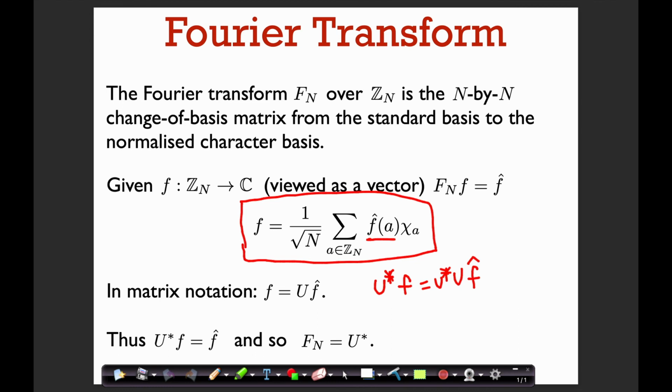Okay, but this is just the identity, right? Because U is a unitary. Okay, so this U star here is exactly the matrix Fn that we're after. Okay, so U star is the Fourier transform matrix. Okay, so U star times f gives you the Fourier coefficients and tells you how to write f in this basis of normalized characters.